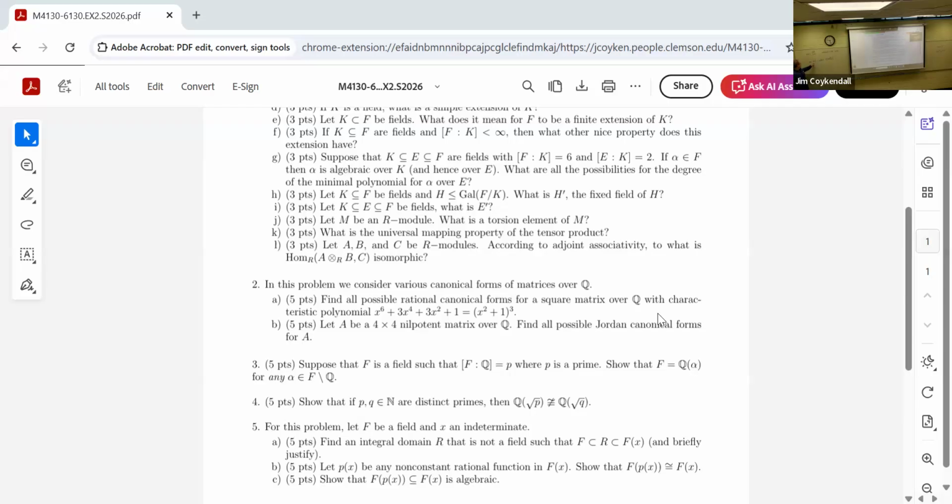This is a polynomial with variable T and coefficients in F, right? Anybody agree with that? And this is a polynomial with coefficients in F, and variable T.